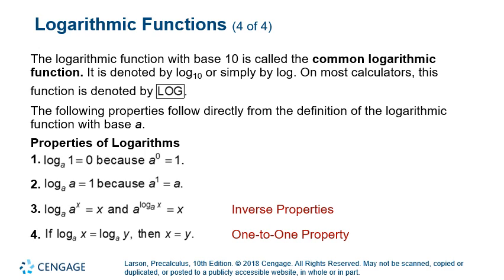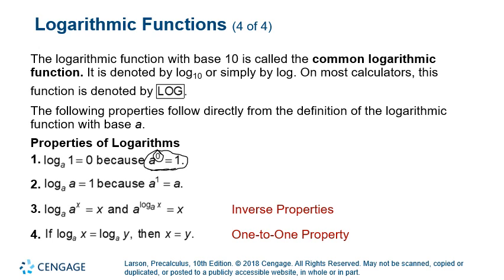Now, there are some properties that can kind of help us. We typically don't solve these in the calculator because we want to be able to do them quickly. When you have log base a of 1, that solution is always going to be 0 because anything raised to the 0 power is 1.